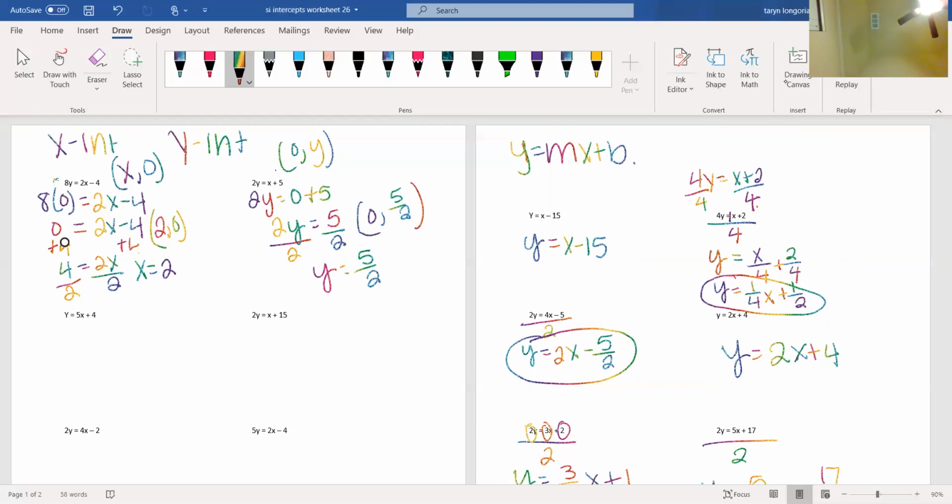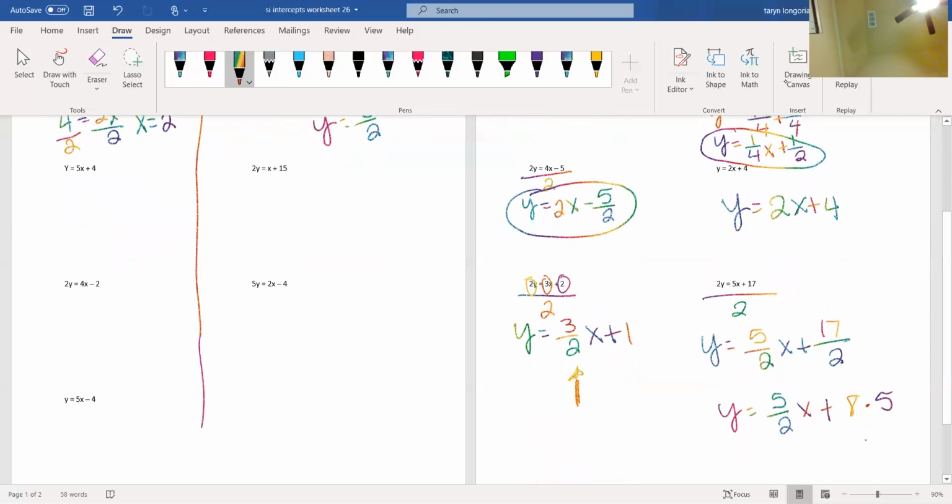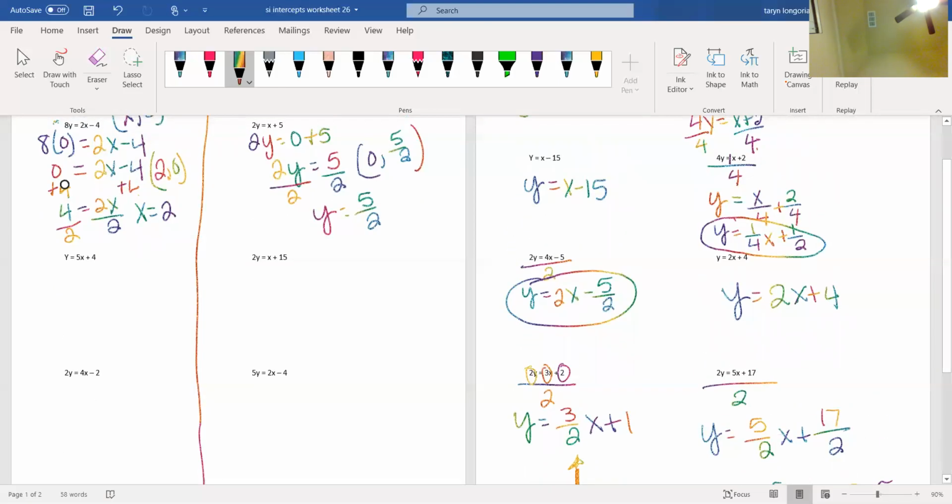Now we'll do all our y's and then all our x's, since I'm just splitting these. Since we're doing another y, we're going to leave what we're trying to find and plug in 0 for x. So that's 2y equals 15, divided by 2, and your y equals 15 over 2.